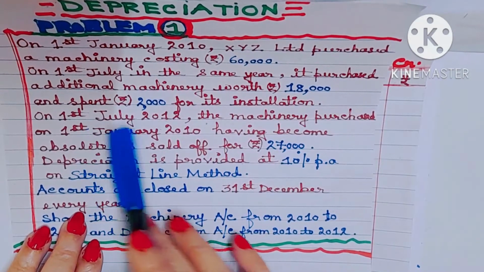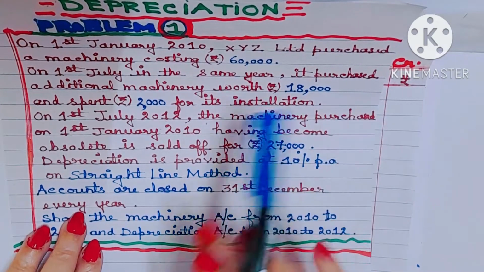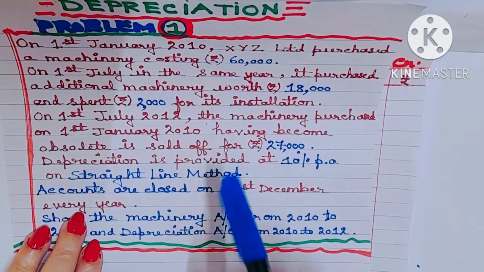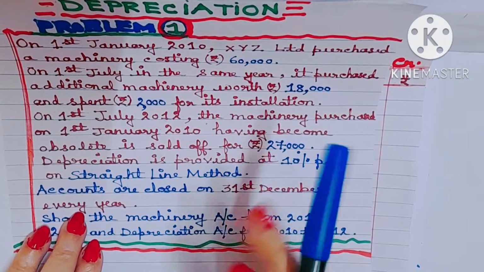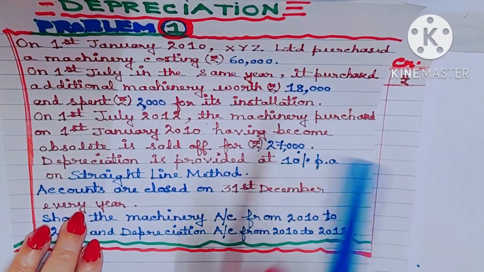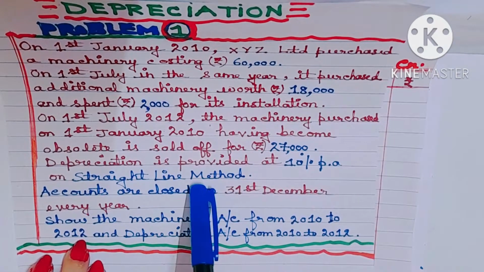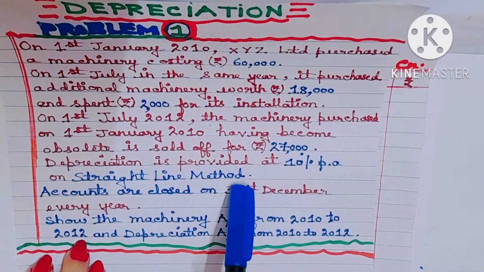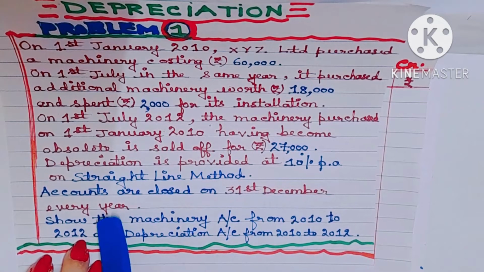On 1st July 2012, আমি এখন 2012 দেখব না, আগে আমাকে the year 2010 close করতে হবে. For that, there are two machineries. We have to charge depreciation on two machineries. So under straight line method, we have to charge depreciation. Accounts are closed on 31st December every year.